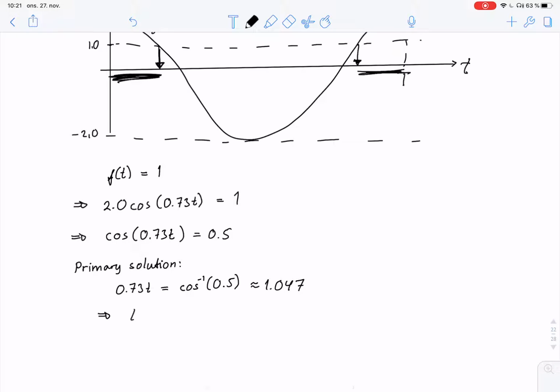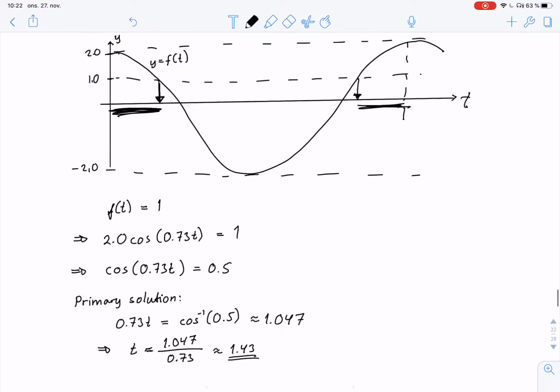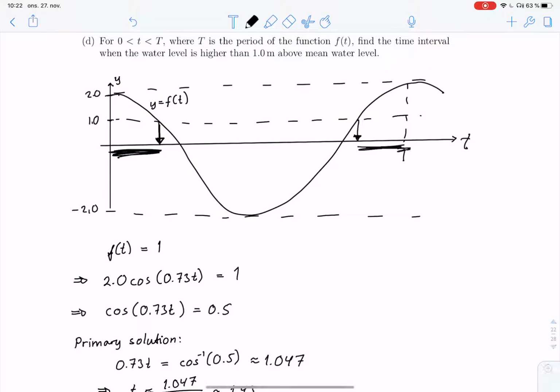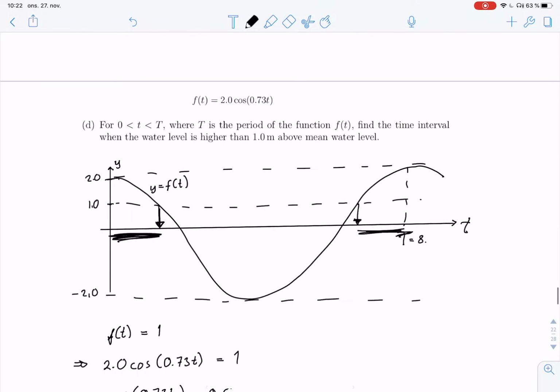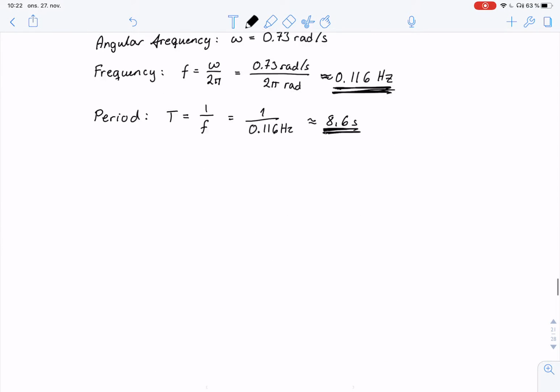So we have t equal to 1.047 divided by 0.73 approximately. So that would be 1.43. So here we have t, which was 8.6.